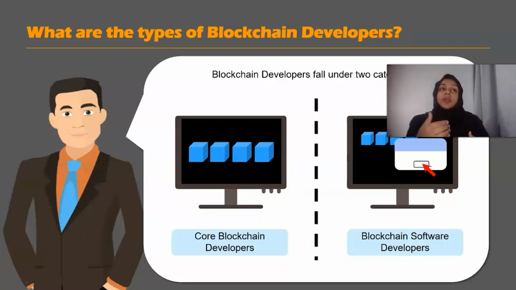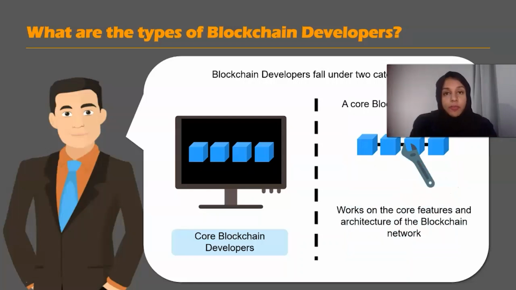Then comes finding the right talent for the type of blockchain you are working on. That's the next part, where software developers, or developers in general, come in: how you're going to write those smart contracts or chain codes, and how you're going to make those applications work on top of blockchain.